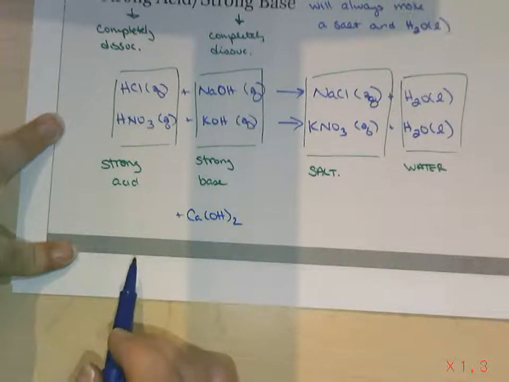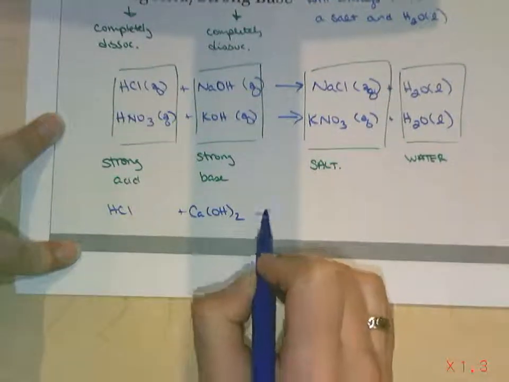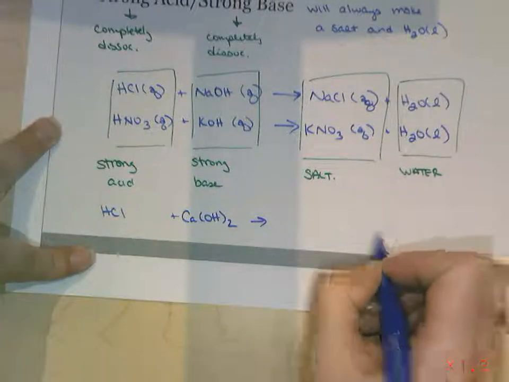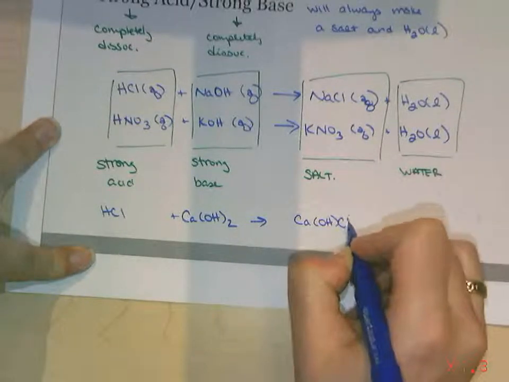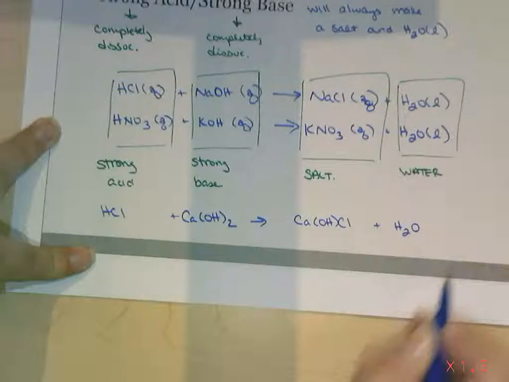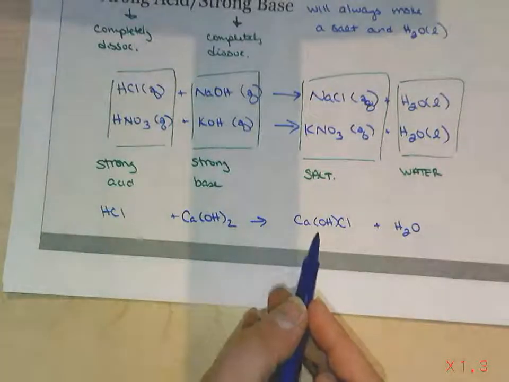We'll just use this one. It makes a really funky looking salt because it can only donate one hydroxide at a time. So it's going to do this first and then it'll react with another hydrochloric acid.